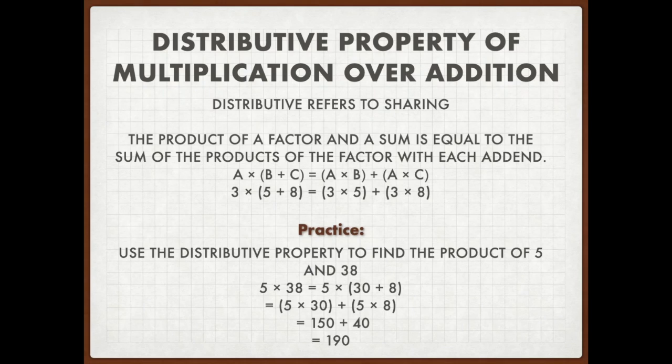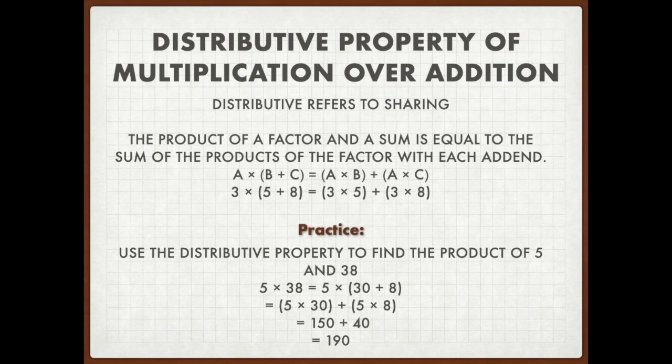Instead of what we saw before, in the previous properties, it was A plus, in parentheses, B plus C, the same, right? Or it was A times parentheses B times C. But here, it's going to be different. What's happening here is that when you multiply something in parentheses, you can rewrite it in a longer version.